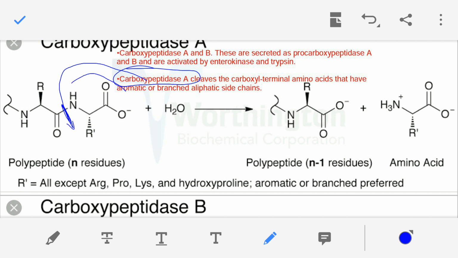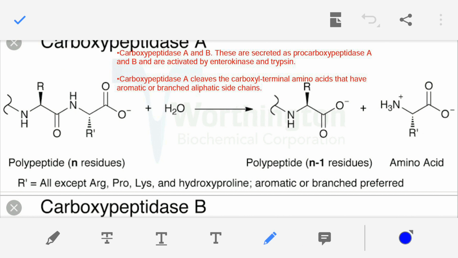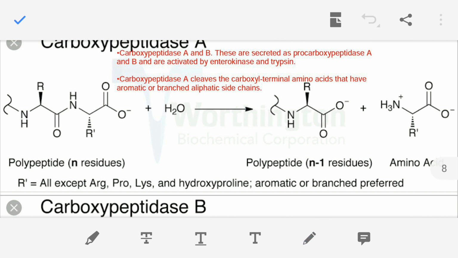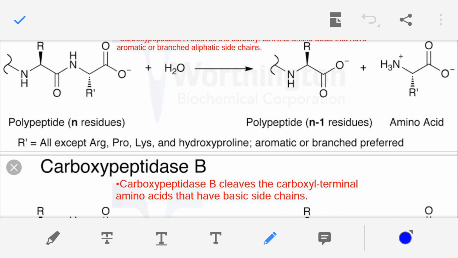So this bond is broken down and this amino acid molecule is released, shown over here. In this released amino acid, the functional group R is aromatic or a branched aliphatic side chain, and the amino acid can be any amino acid except arginine, proline, lysine and hydroxyproline.